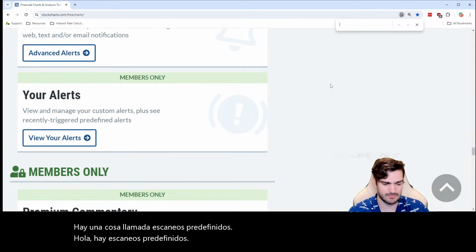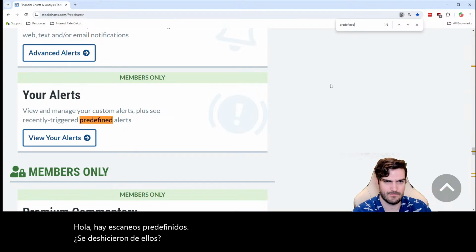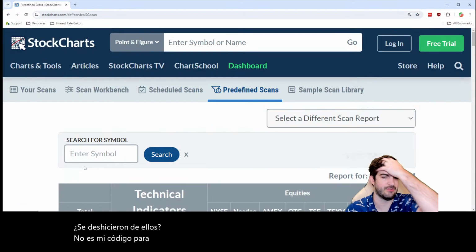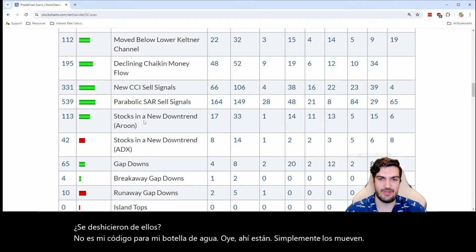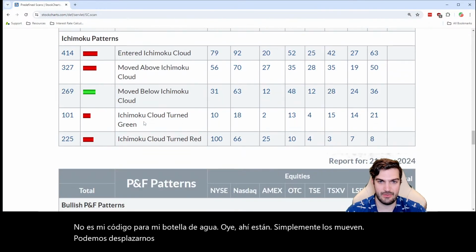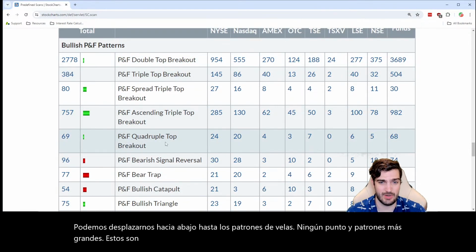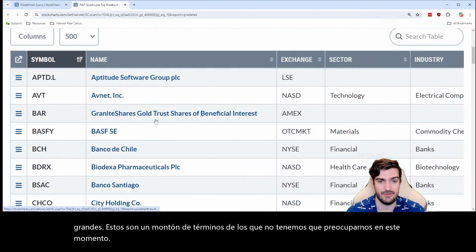Did they get rid of them? Let's not knock over my water bottle. Hey, there they are. Alright, they just moved up. We can scroll down here to candlestick patterns. Nope, point and figure patterns. These are a bunch of terms we don't need to worry about right now. What I want to show you are these breakouts.